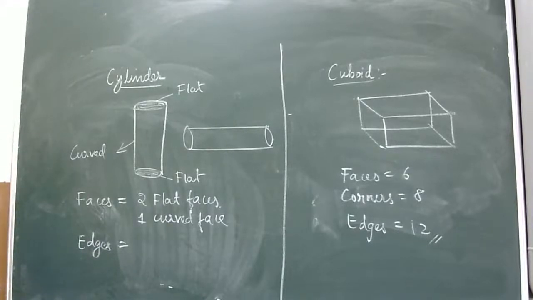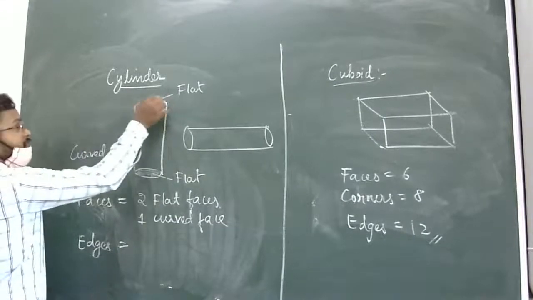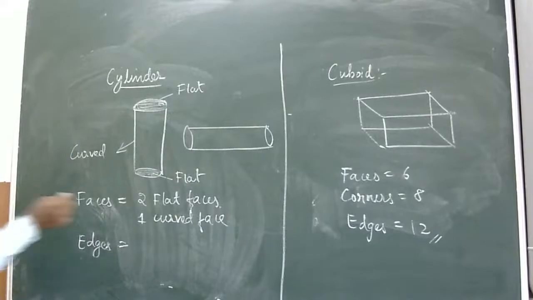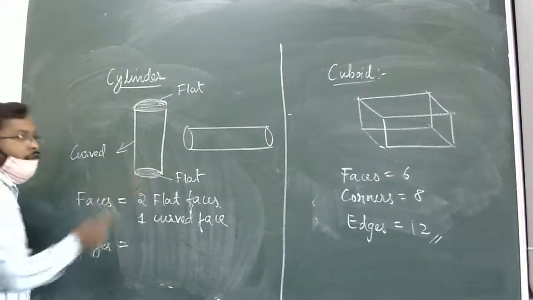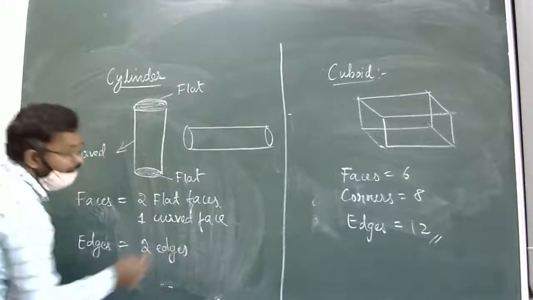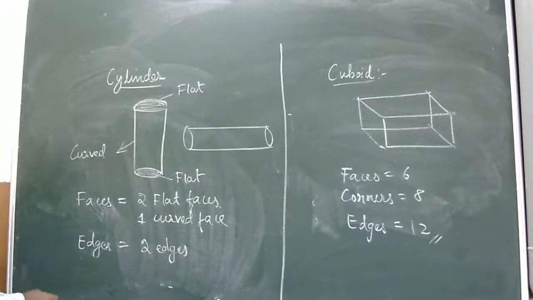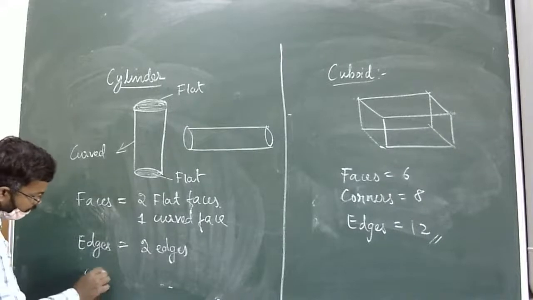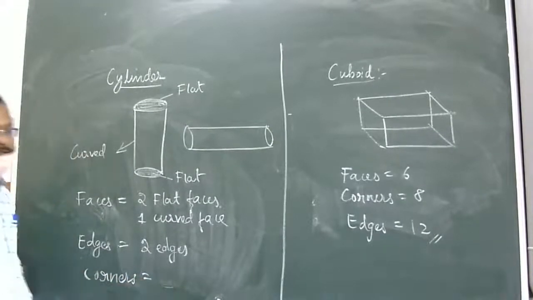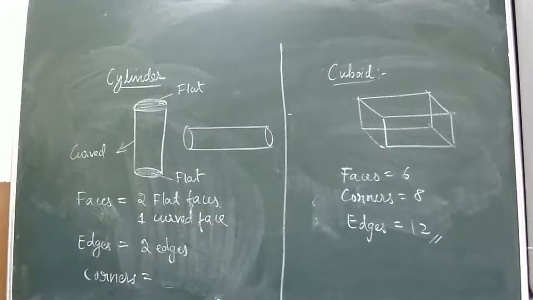How many edges do we have? Two edges. Where are the two edges? One is here on the top, the circle, that is your one edge, and another one is at the bottom. So we have two edges, and last, corners. How many corners does it have? Corner means a sharp point should be there.